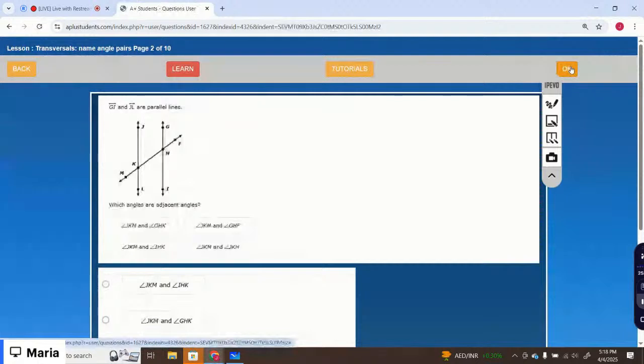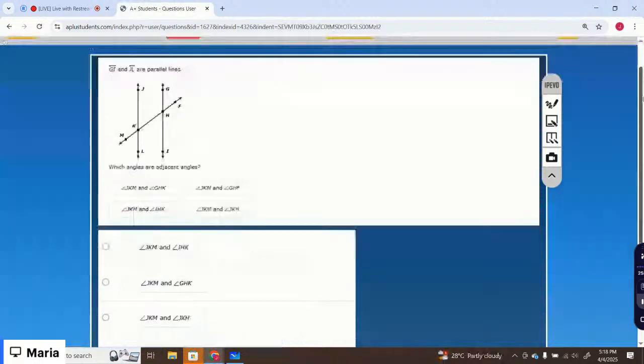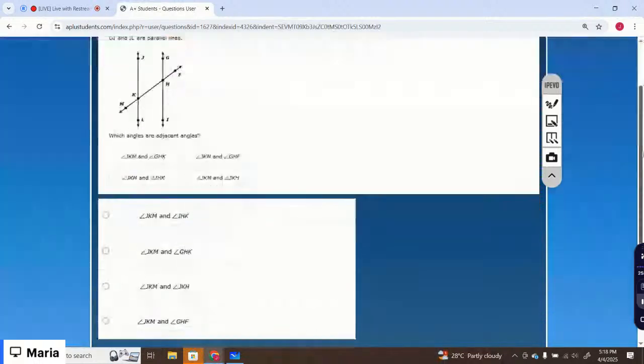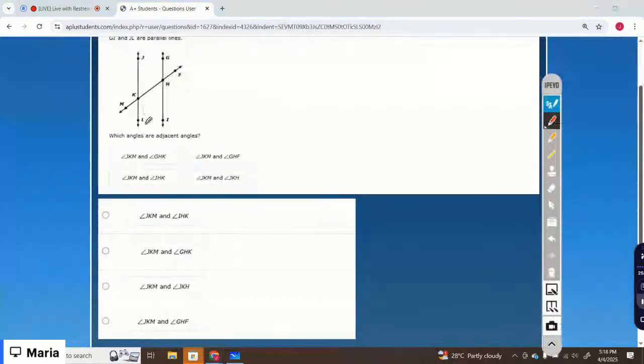G, JLR parallel lines. Which angles are adjacent? JKM and GHK. They are not adjacent angles, right?